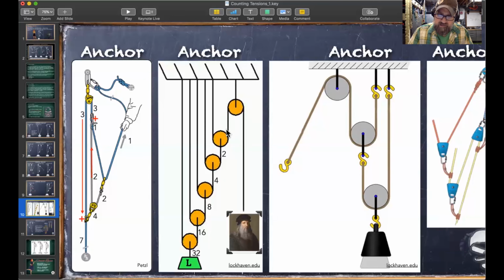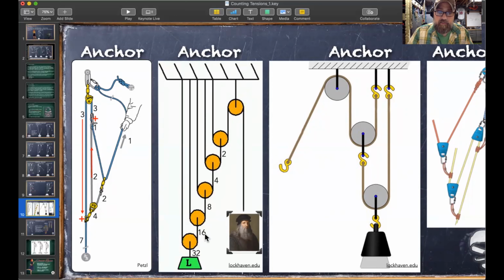So 1 comes in, 1 comes out, 1 comes in, 1 comes out, and I've got a 2. That 2 tensions is pulling on another system. So this, you can see, is a whole other system, like a backwards type of J. So 2 goes in, 2 comes out, I've got 4. As 4 goes in, 4 comes out, I've got 8 in my next system.